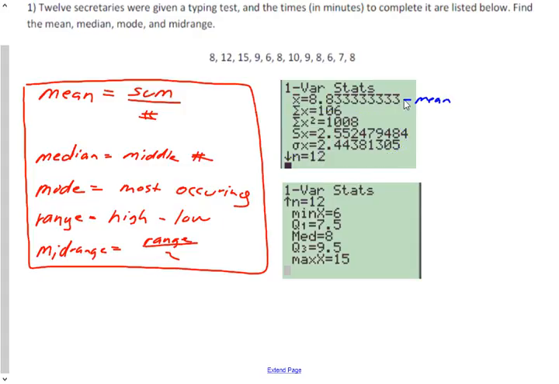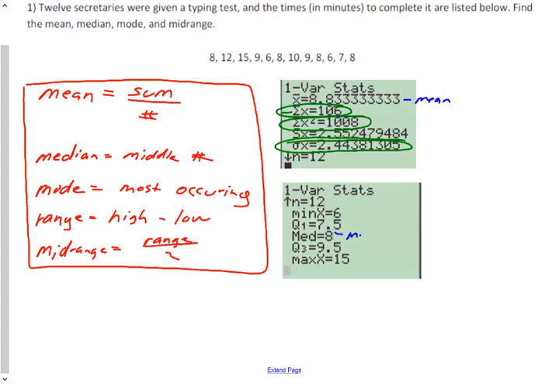However, if you're curious, this is how much they all are added up. So this is the sum. And then this is if you were to square each term and then add that up. This is a value that we'll talk about in a couple minutes. It's called standard deviation.